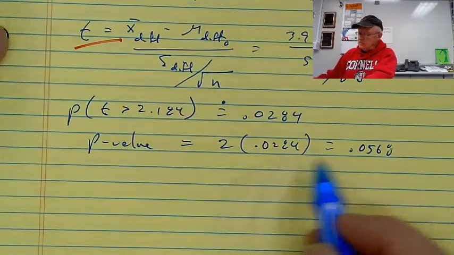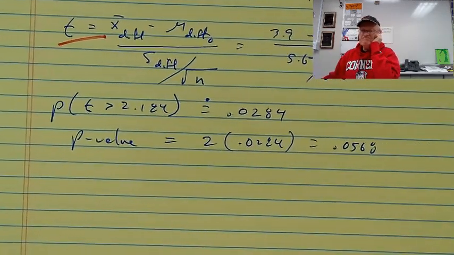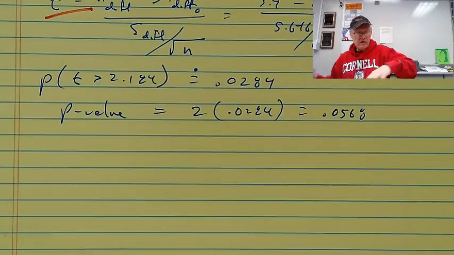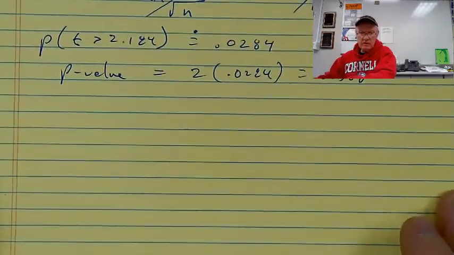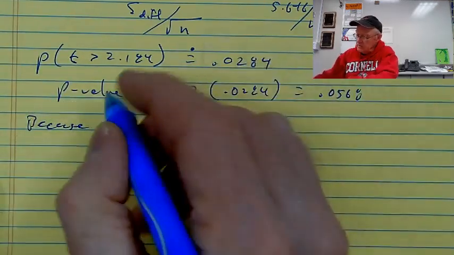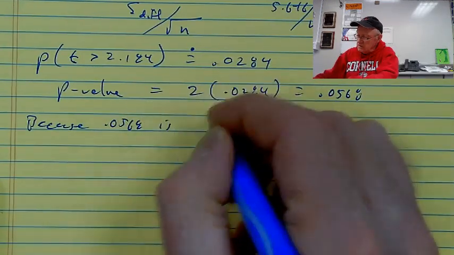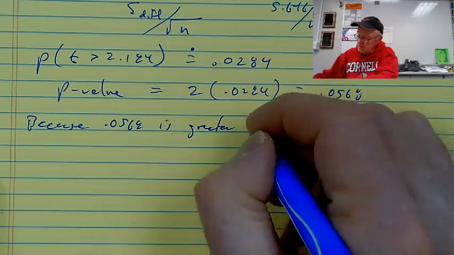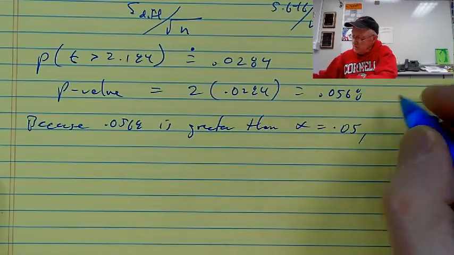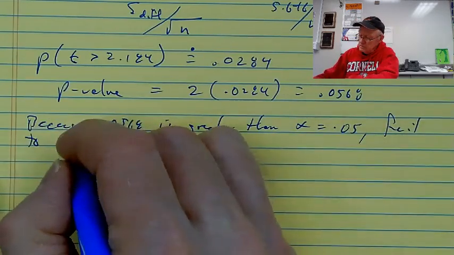All right, now, what do we do with that number? I guess we've got to compare that to 0.05 using the word because. Because 0.0568 is greater than alpha of 0.05, we're going to fail to reject H naught and conclude.